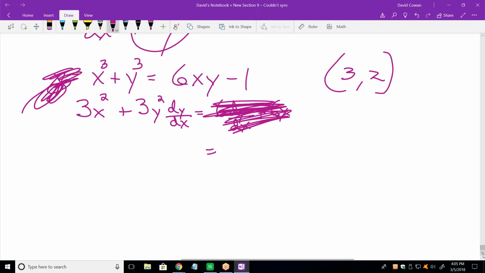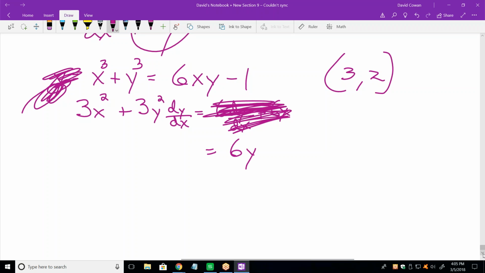Okay, so you took the derivative of the first. Yeah, so 6 times the second, times y. That does not require a dy dx following it because I did not take the derivative of y. I only took the derivative of 6x.